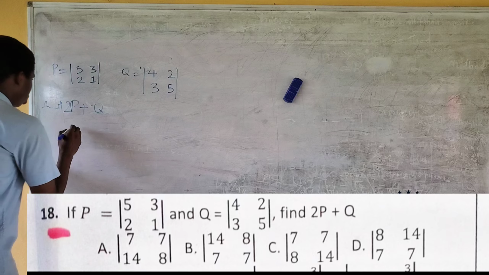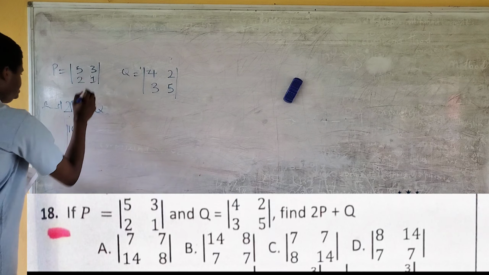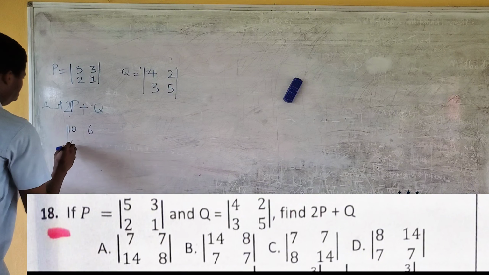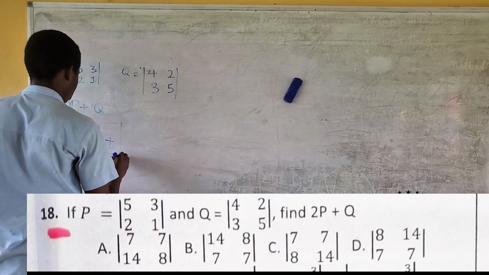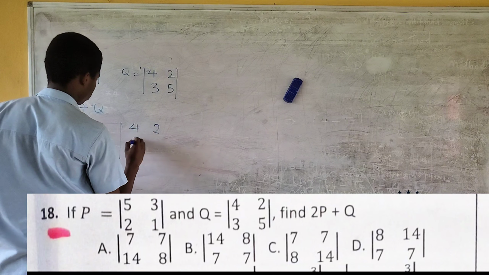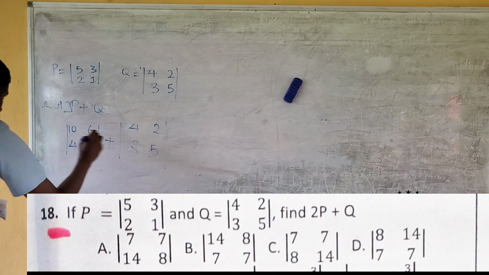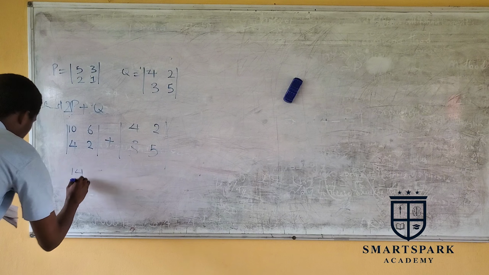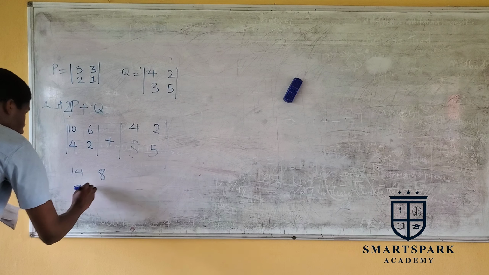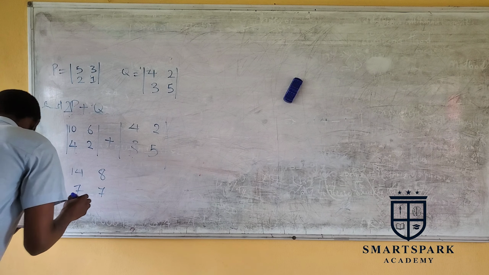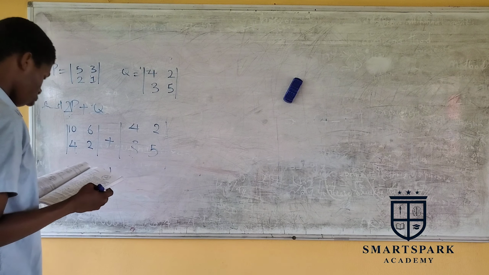So that is what we are going to do. 2 times 5 is 10 for the matrix. 2 times 3 is 6. 2 times 2 is 4. And 2 times 1 is 2. Plus this following matrix here, 4, 2, 3, 5. We're expected to sum them. 10 plus 4 is 14. 6 plus 2 is 8. 4 plus 3 is 7. So yeah, this is the answer for question 18.